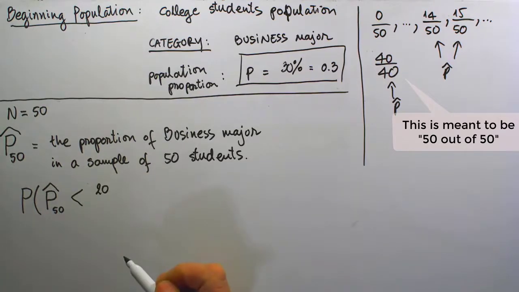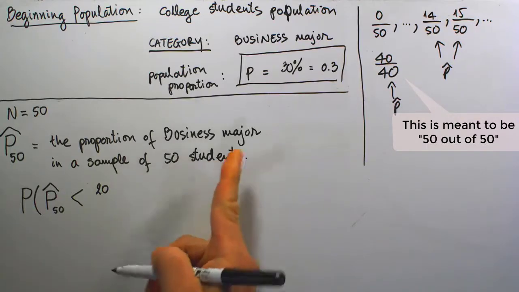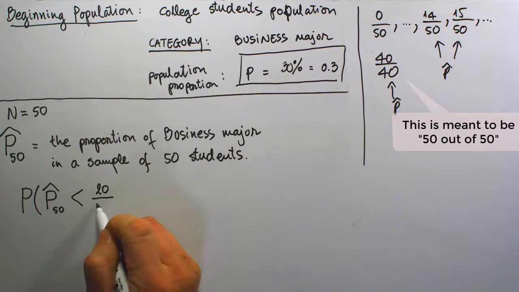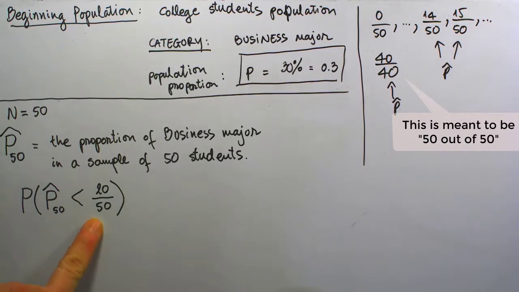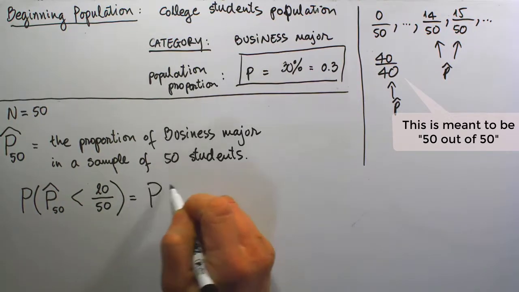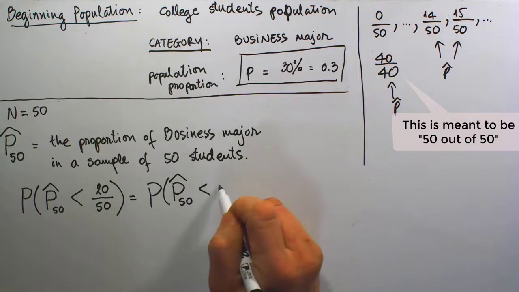To be precise, this is the count. We want our count of business majors in any of our samples to be less than 20 out of 50. In decimal, 20 out of 50 is the same as finding the probability where we want our p hat 50 being less than 0.4.